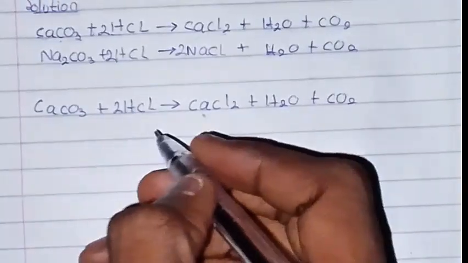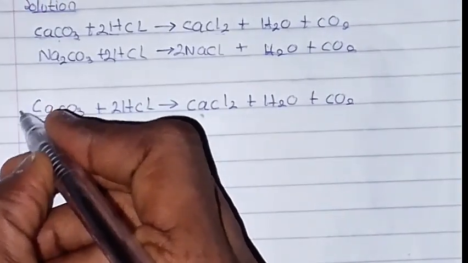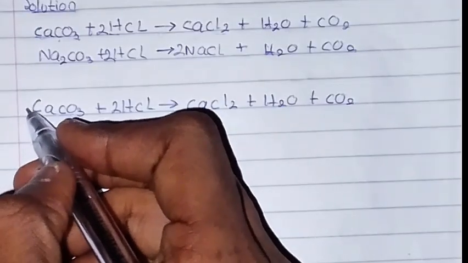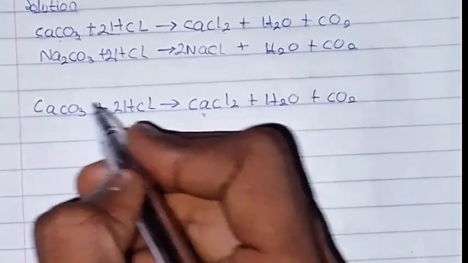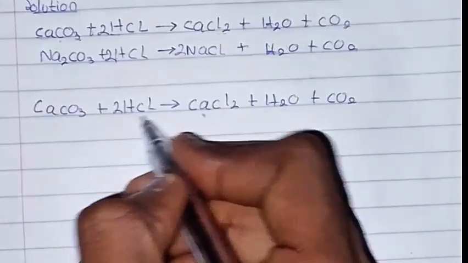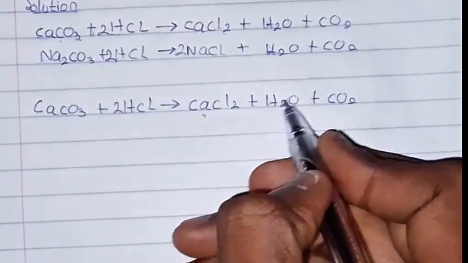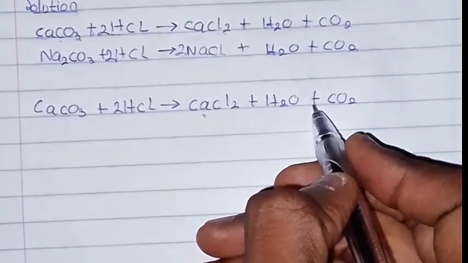Now, based on this reaction, 1 mole of CaCO₃, there's no number here, meaning that it's actually 1 that is here. So 1 mole of CaCO₃ will react with 2 moles of hydrochloric acid to yield 1 mole of calcium chloride, 1 mole of water, and 1 mole of carbon dioxide gas.